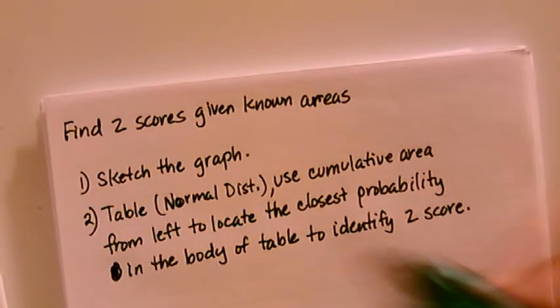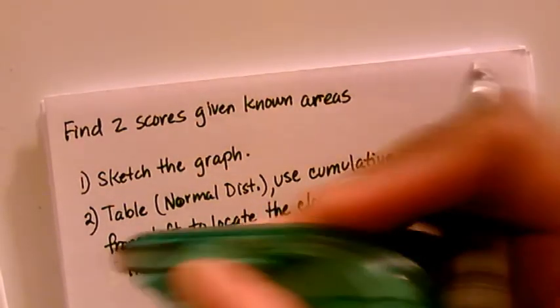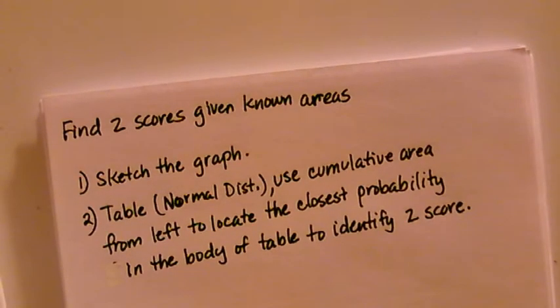Okay. So actually you're going to be using the body of the table to find out what your z-score is, using that standard normal distribution table that we talked about.